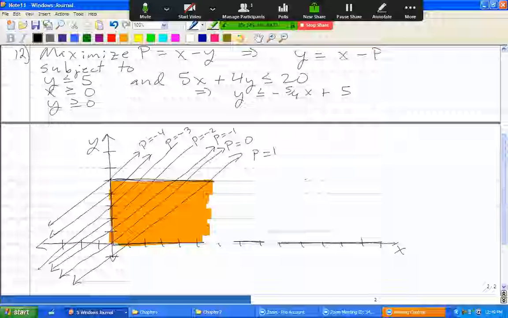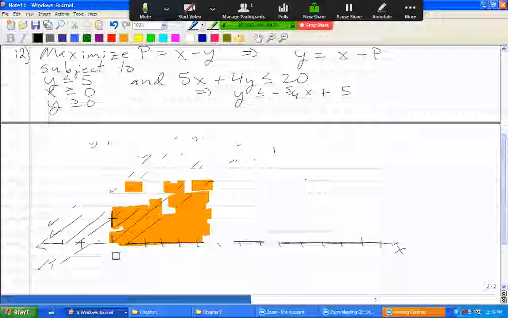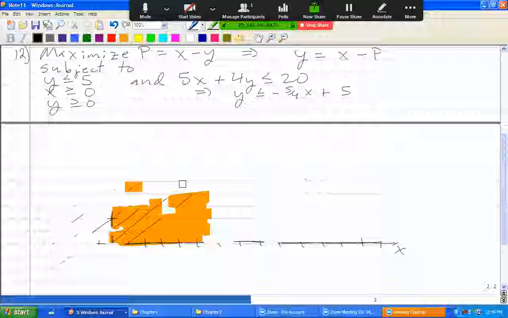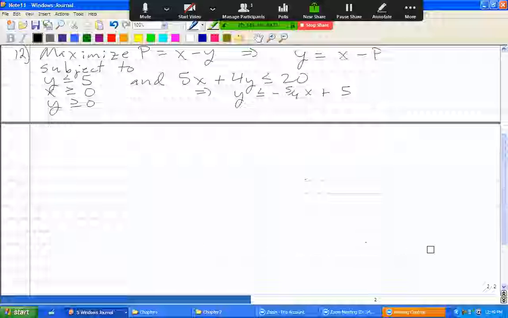Okay, so I'm going to have to erase this because the constraint doesn't go out to infinity. It could, but in this case it doesn't. I forgot one. I didn't write one of the constraints down.